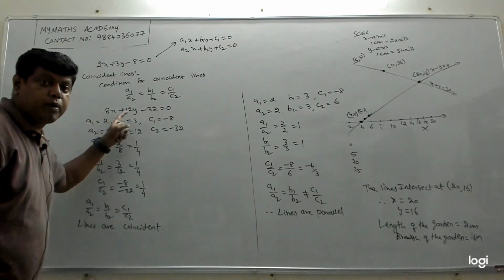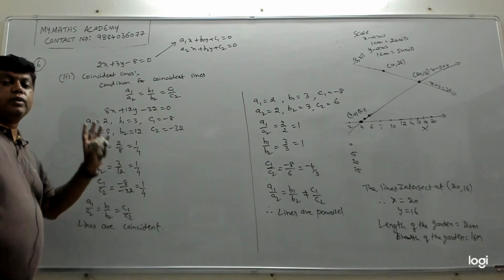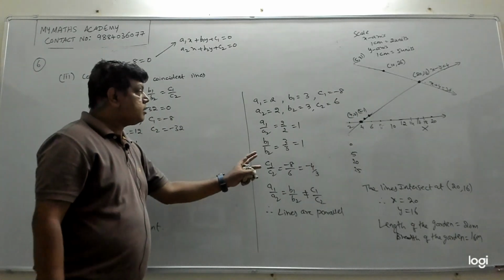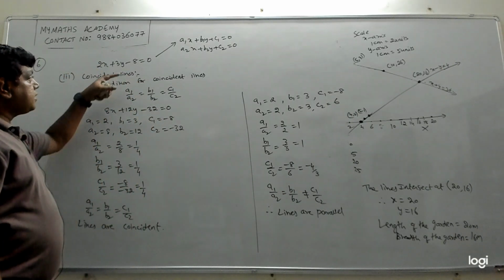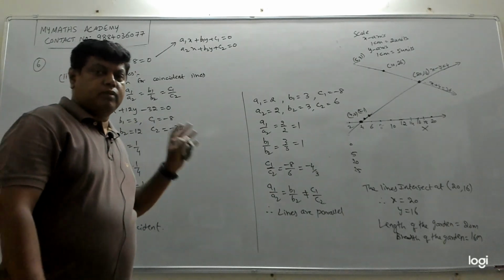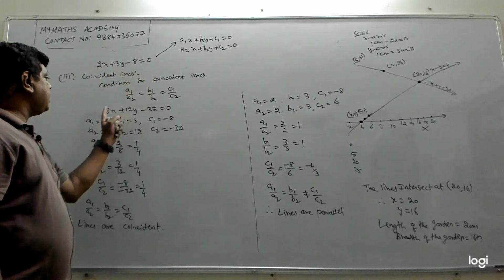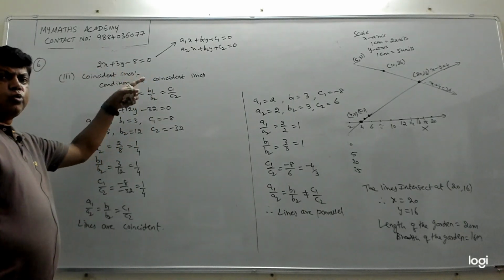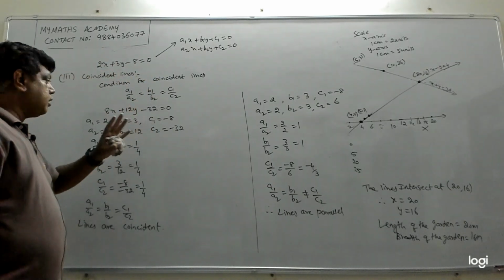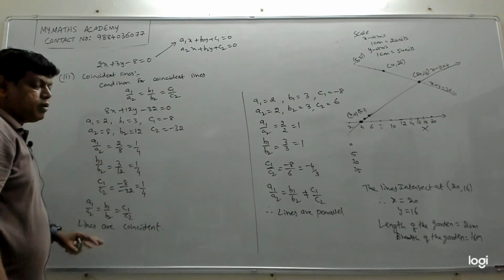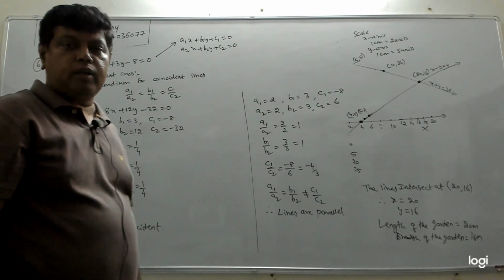How? You multiply it with any number throughout. That is for coincident lines. For parallel lines, you write this as it is and change the number. So for coincident, you multiply throughout with any number. I multiplied with 4, you can multiply with 2, 3, 4, 5, any number. Then this ratio will be satisfied. Clear?